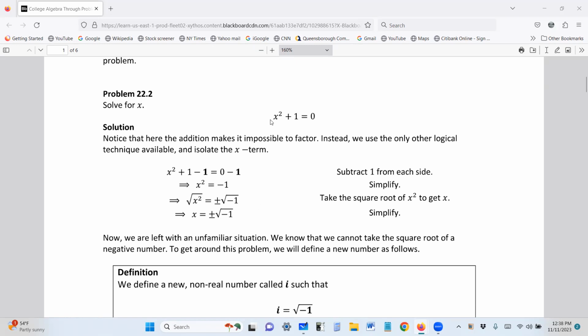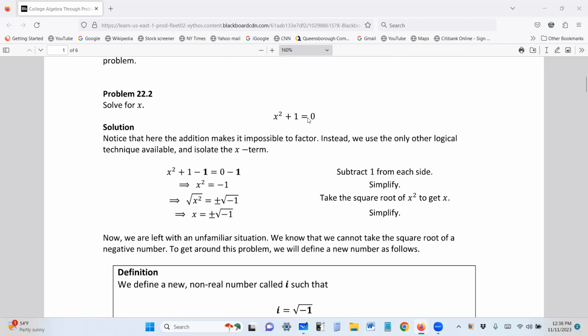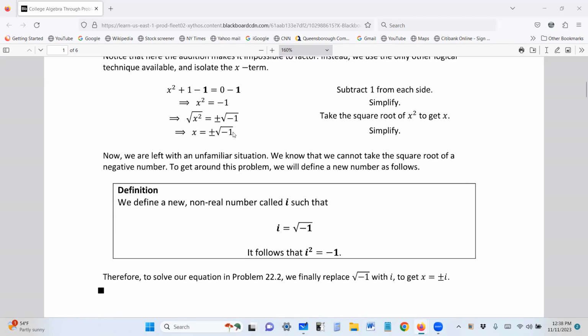So in mathematics, we have the situation now that anything dealing with the square root of a negative number is not a real number. So how do we handle that? The idea of complex numbers came about from this very equation right here. So from now on, the square root of negative 1 is going to be defined as i.